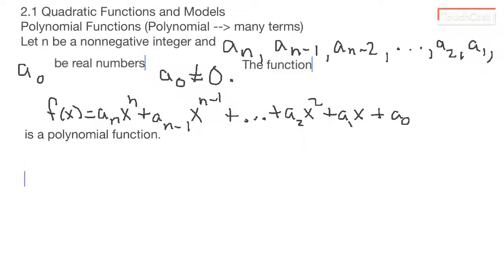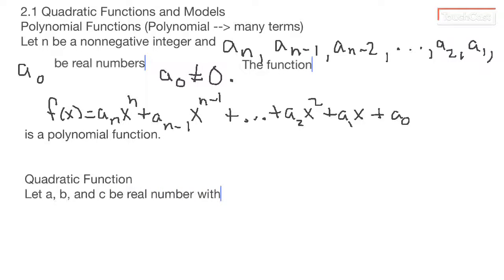And then on the same page, I'm going to also put some information about a quadratic function. So what we can say is we can let a, b, and c be real numbers, with a being a non-zero number.